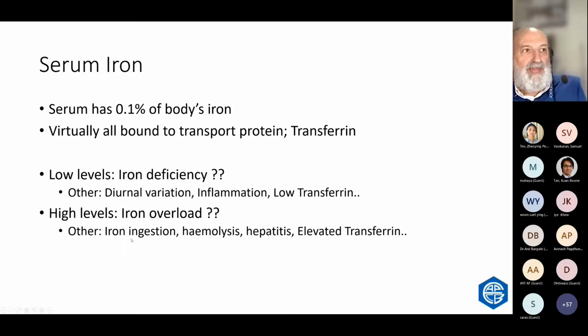High levels may be due to iron ingestion or iron infusion or other sources of iron, so the release of iron from dying red cells or the release of iron from dying liver cells. Or the iron level can be high just because there's a lot of transferrin around transporting iron.